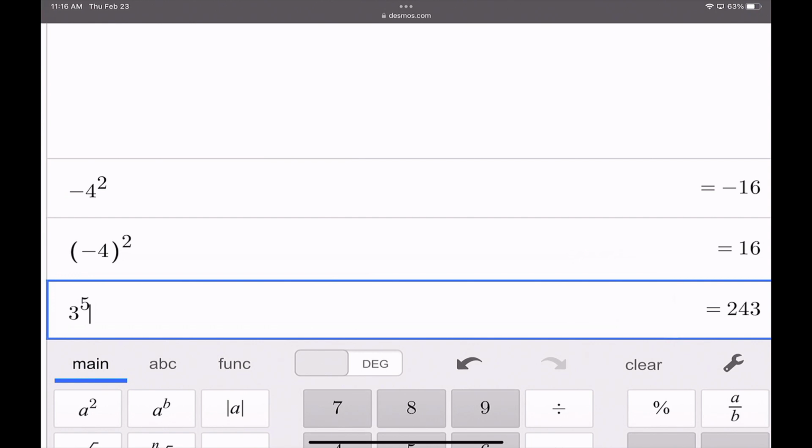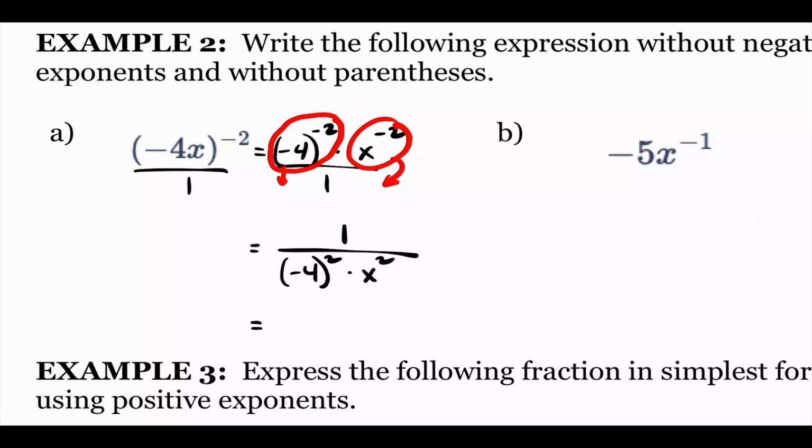You want your calculator only to multiply this number to this power. That's the one with the parentheses, right? Because the top is really -1 times this. That's what this means.